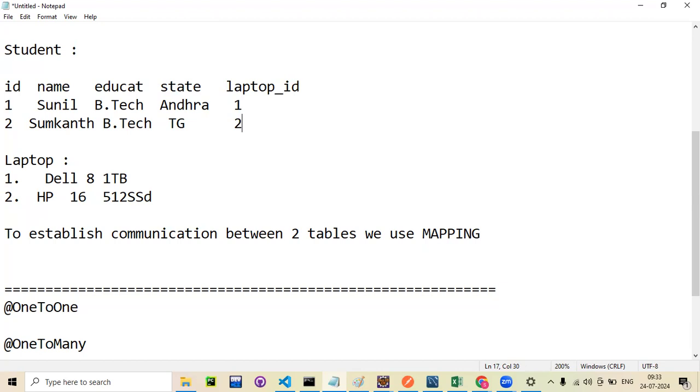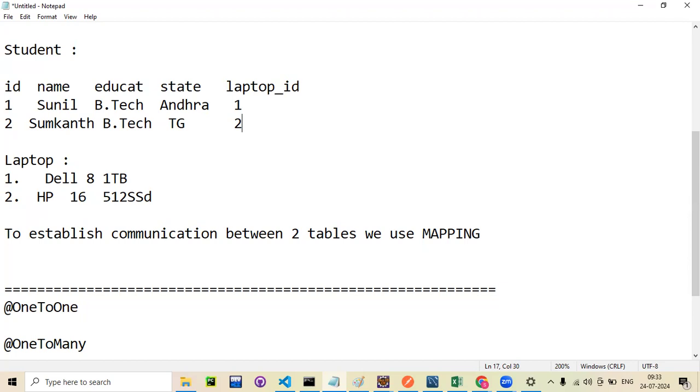Right? Okay. Got it. Now, let us assume one to many. Let us assume Sunil is using more than one laptop and Sumant is using more than one laptop. Then how will the mapping happen? What is the best feasible way?